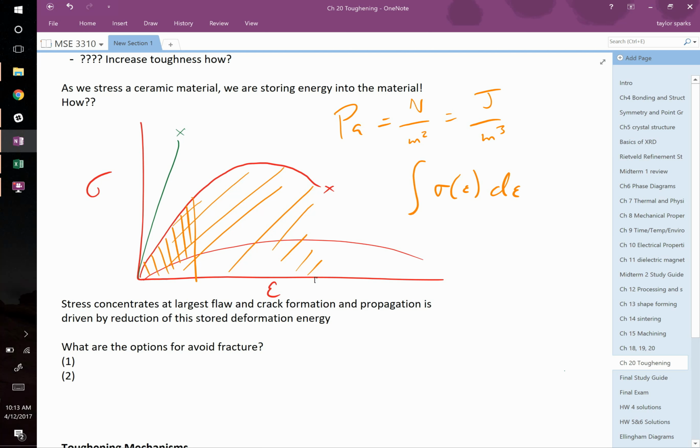Yeah, that's a great idea. Other thoughts? Yeah, Barrett? You could add other materials to your ceramic that would take some of that stress. Yeah, exactly. Like rebar. They take cement and put rebar through it. And then when you load it, what are those other materials actually doing?